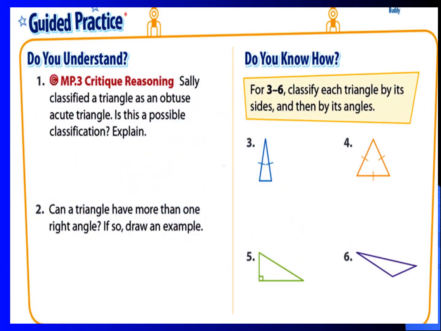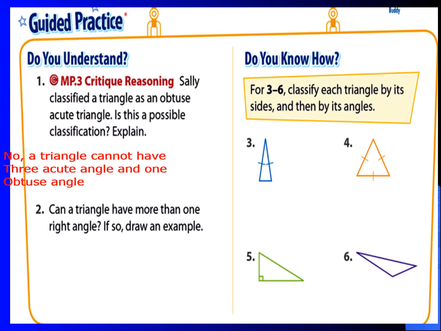The questions in the book. Sally classified the triangle as an obtuse acute triangle. Is it a possible classification? No, of course not. As I said to you before, the acute triangle has three acute angles, and the obtuse triangle has one obtuse angle and two acute angles.